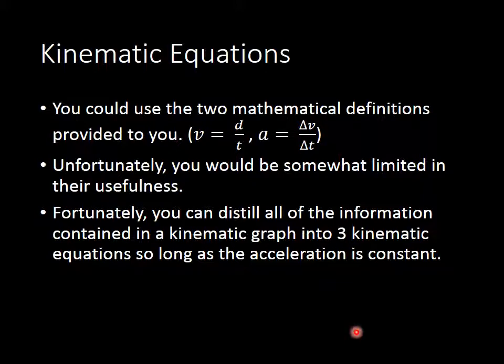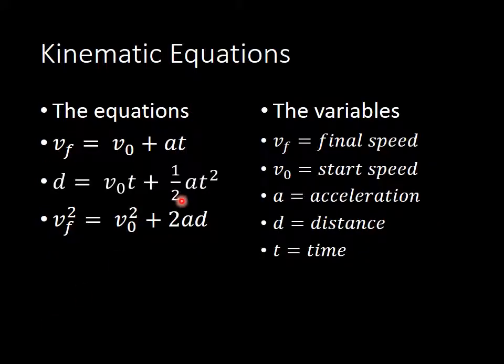But on the other hand, there is a set of equations called kinematic equations that allow you to distill all the information that's contained in those kinematic graphs into these equations. But you do it with one caveat. The caveat is that the acceleration needs to be constant. So our three equations are here on the left. They say that the final speed is equal to the beginning speed plus the product of the acceleration and the time.